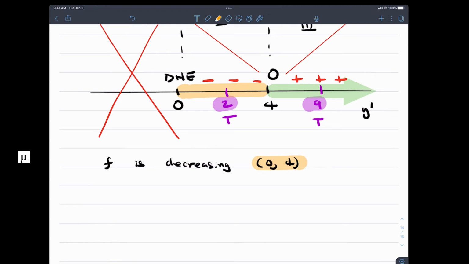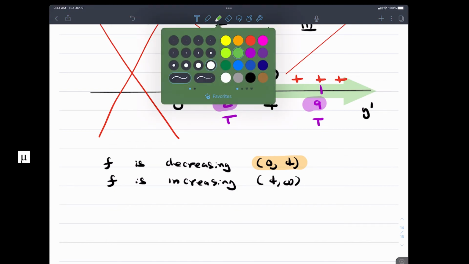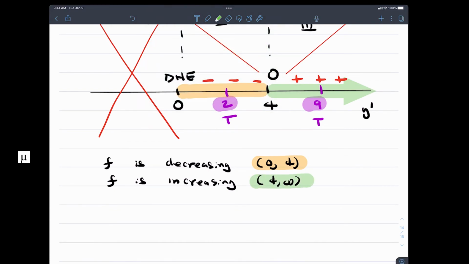Negative slope. Is that true? Where's f increasing? Is that 4 to infinity? Is that true?